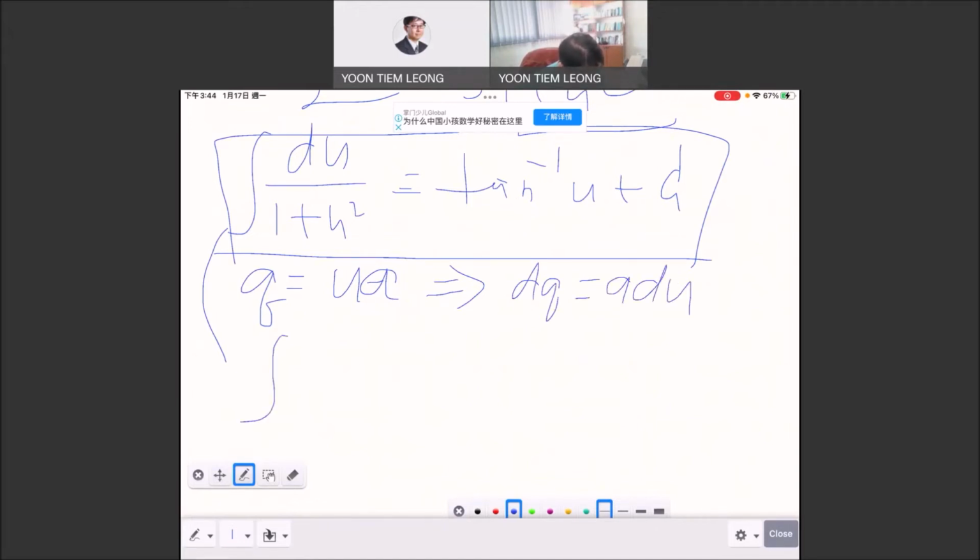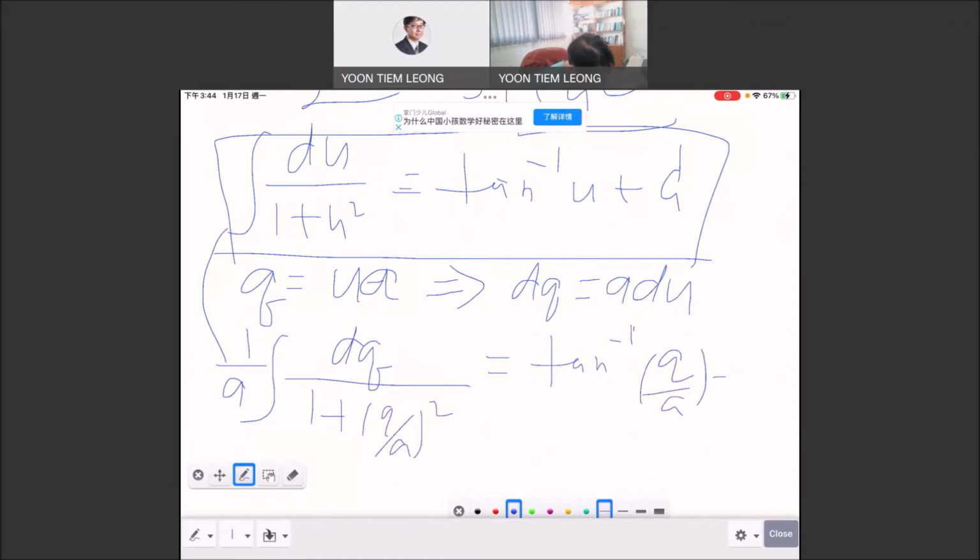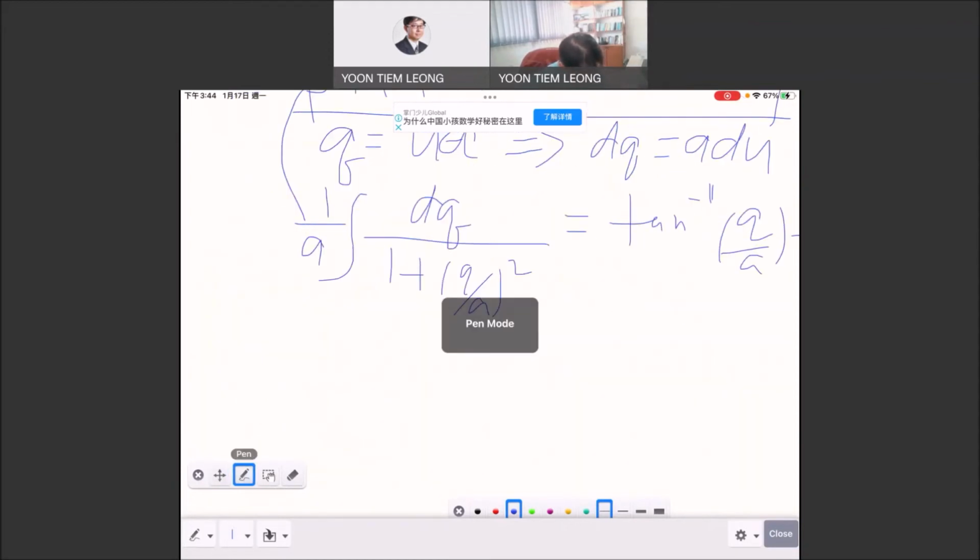So the left hand side is just du, which is dq over a, and then you have 1 plus u squared. So this is 1 plus q over a squared. I think this is more or less correct, and this is arctangent of u, where u is just q over a. I think more or less I am correct already. So I just have to simplify this slightly.